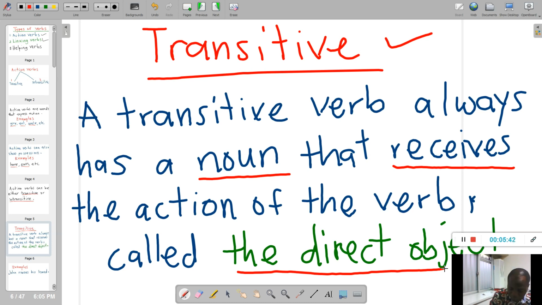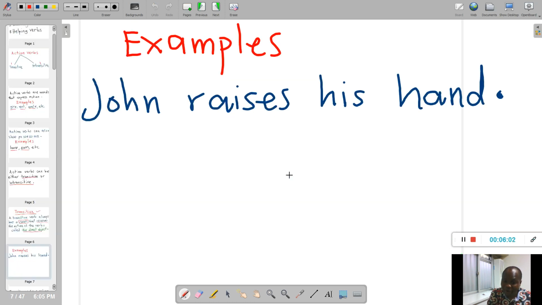Let's move on. What I want you to bear in mind is that a transitive verb always has a noun that receives the action of the verb. That is very important. When the noun receives an action in a sentence, in terms of a transitive verb, it is called the direct object. Very good.